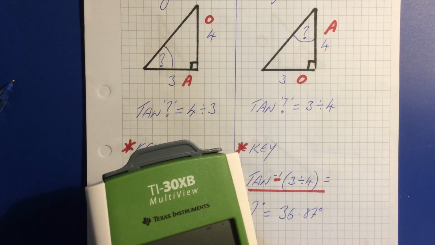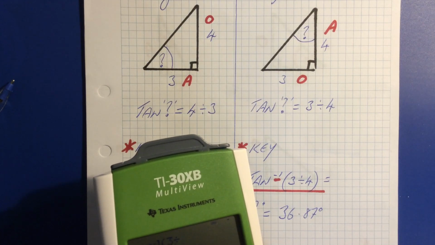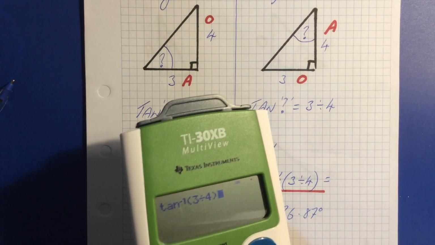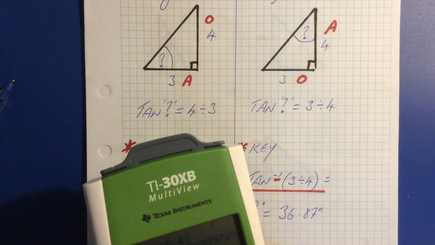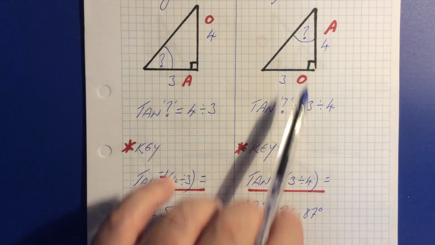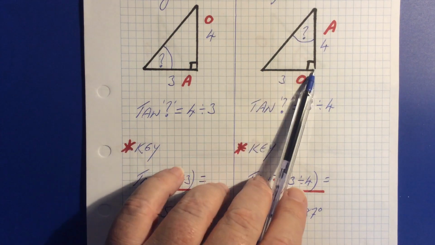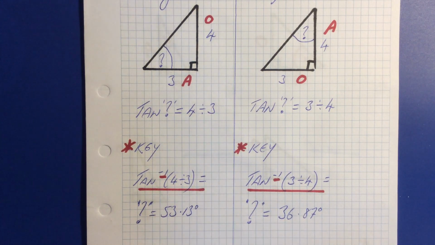Okay, so tan negative 1, 3 divided by 4, close the brackets, push go, and the answer is 36.869. Well, I rounded that to 36.87, and what you will notice is that this plus this add up to 90 degrees. The rules say that this angle plus this angle in a right-angled triangle will equal 90 degrees. So I know I'm onto a winner here.